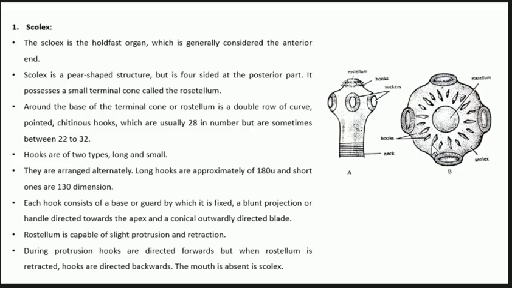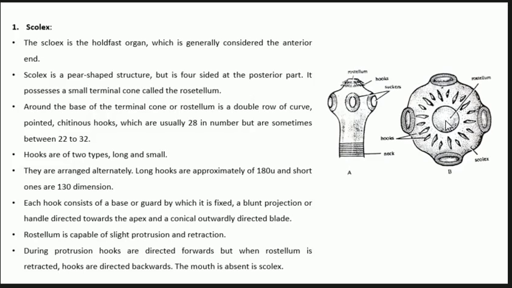So small and long hooks are present, arranged alternately, approximately 180 microns in size. Each hook consists of a base or guard, which is fixed, a blunt projection or handle directed towards the apex of the conical, outwardly directed blade, this part.